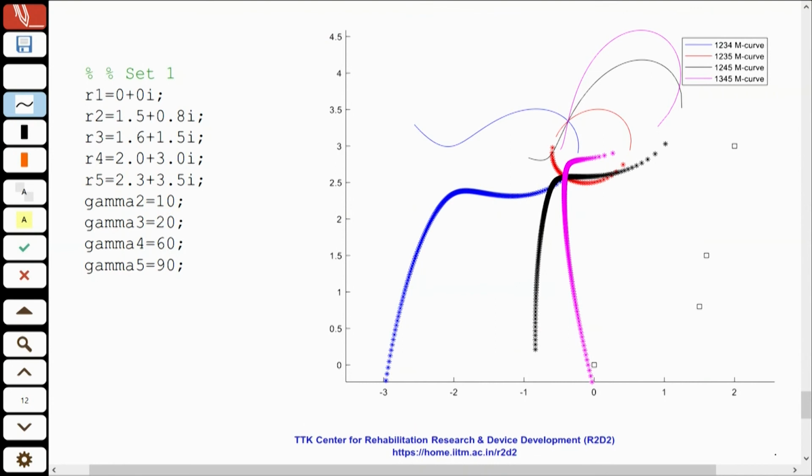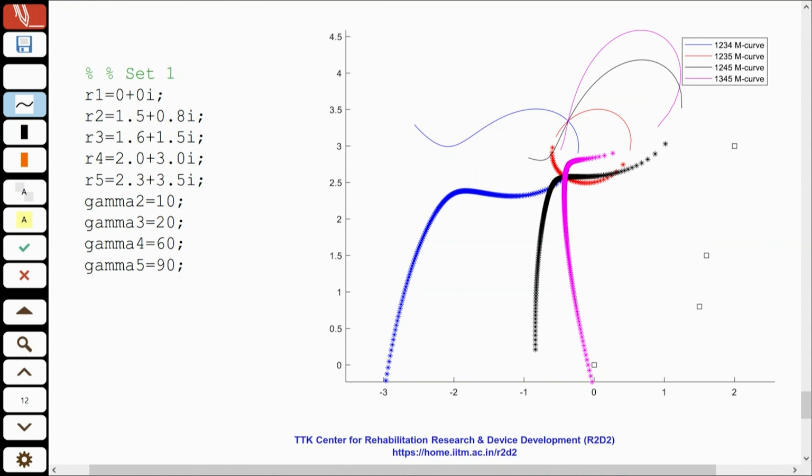This also gives you a clue on how to approach a 5 position synthesis problem. So, if you had to reach 5 positions, say defined by these vectors and the orientations here, then you can plot the m and k curves.